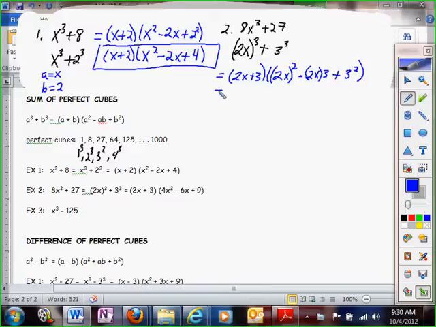And simplifying, we get 2x plus 3 times 2x squared, which is 4x squared, minus 2x times 3, which is 6x, plus 3 squared, which is 9. This is my answer.